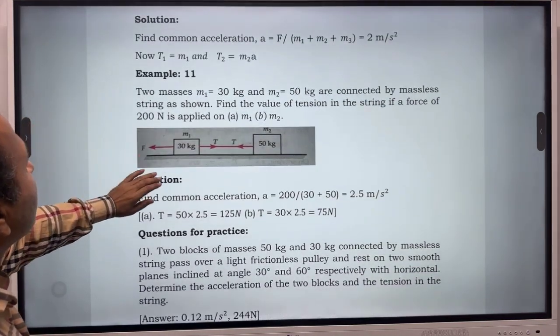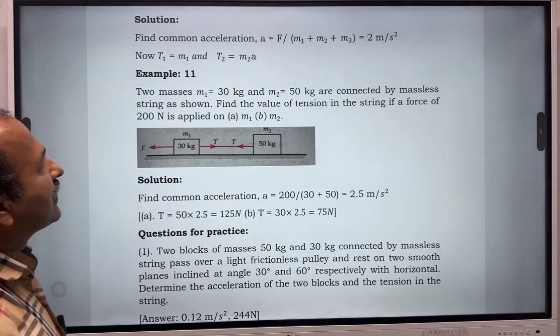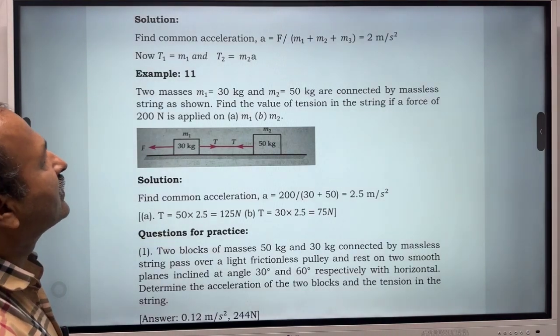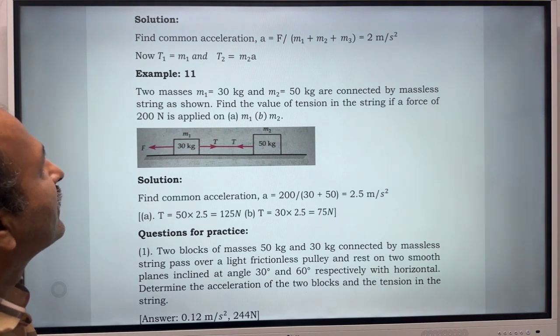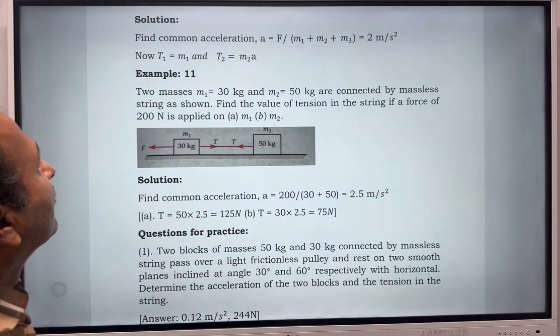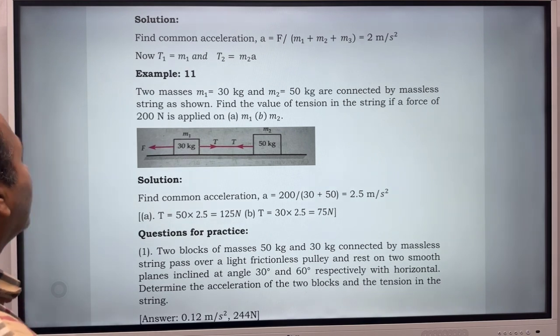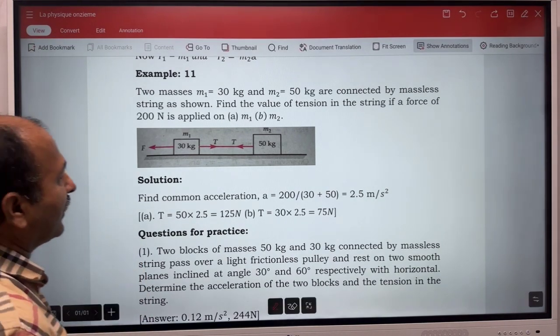Now, let's see another question. Here, two masses M1 30 kg, M2 50 kg are connected by massless string as shown. Find the value of tension in the string if a force of 200 Newton is applied on M1 and on M2. So here, two situations are given.